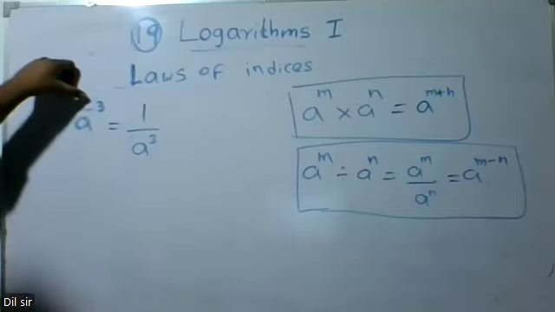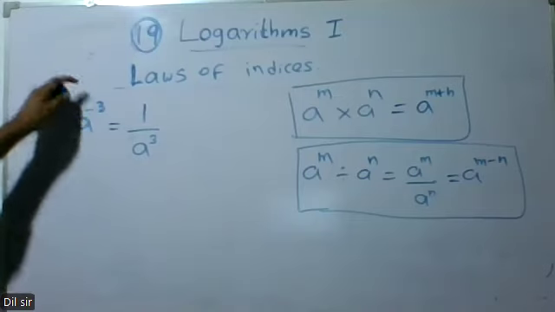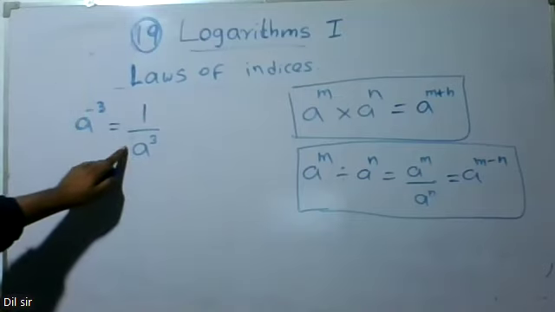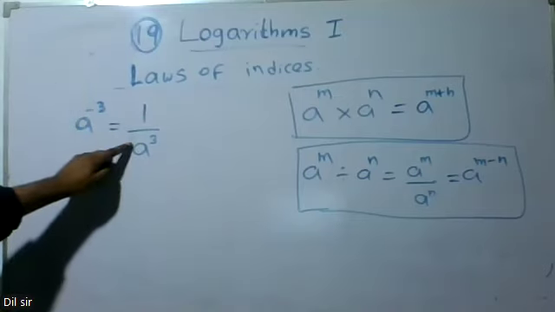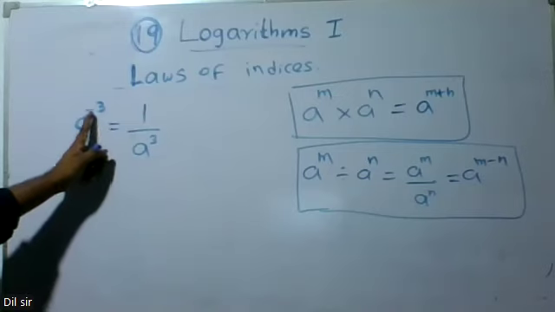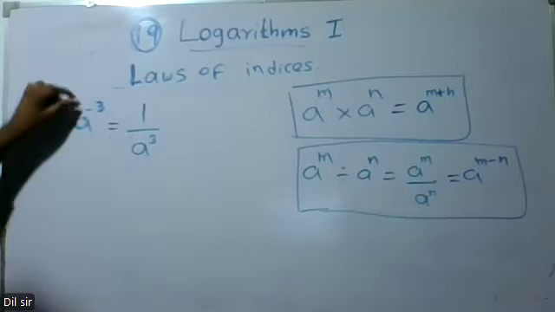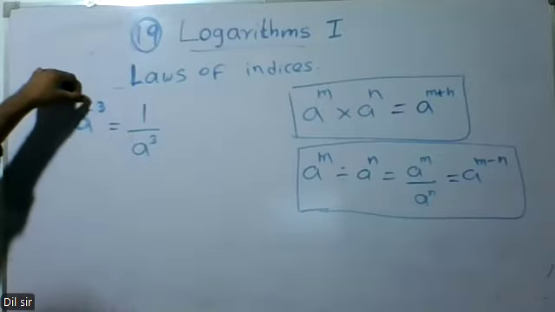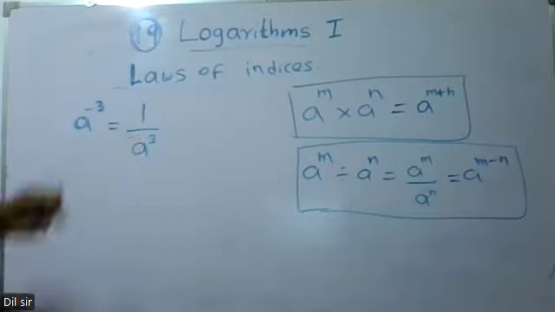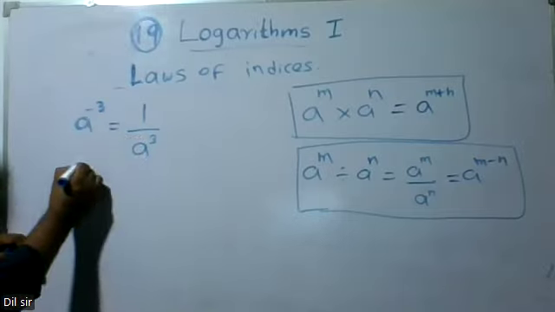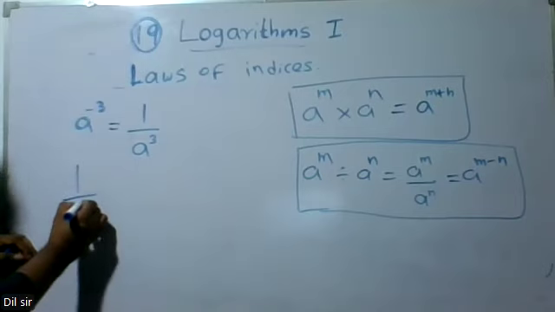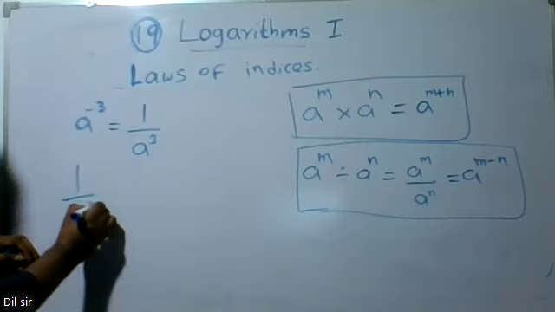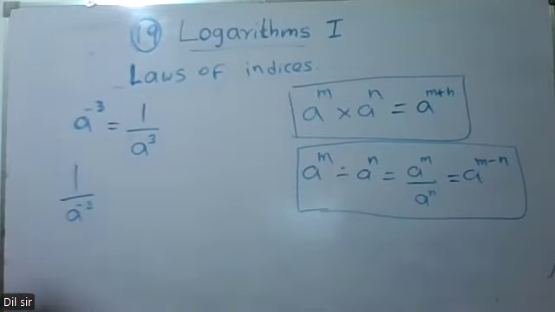If you want to change the negative power to a positive one, we have to write it as a fraction with a denominator, changing the negative to a positive. මේ a to the power minus 3 කියලා එකක් හිටියොත් පුතේ ඒක positive කරන්න පුළුවන්. 1 over දාලා. Right? Now 1 over a to the power minus 3 is there. Now where is the negative power?